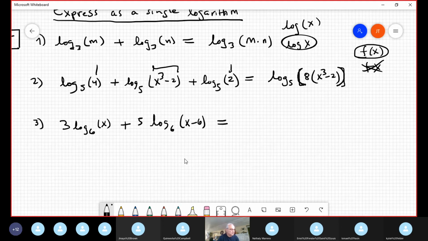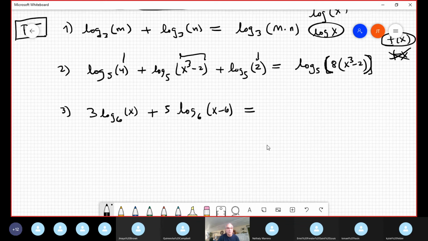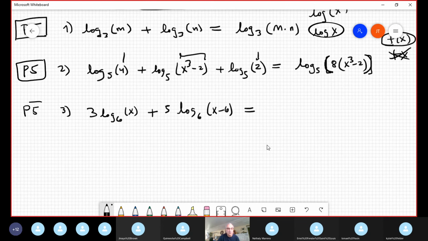Condensing this, in this case there are only 2 logarithms. You apply property number 5 again, because it's plus.